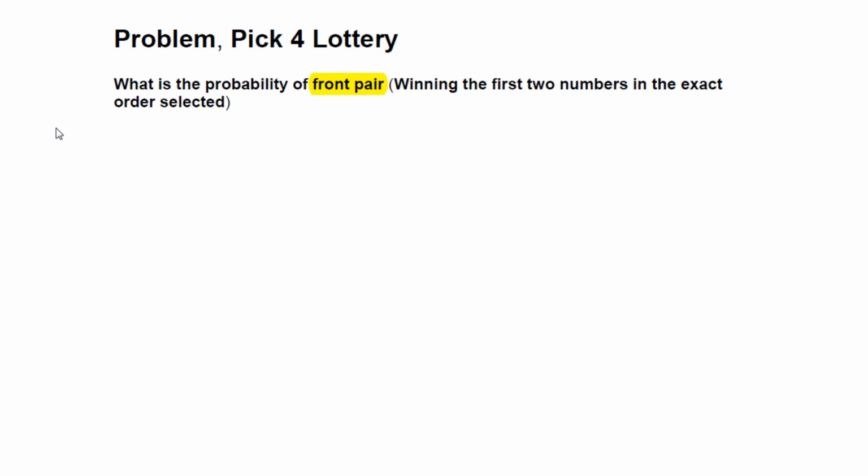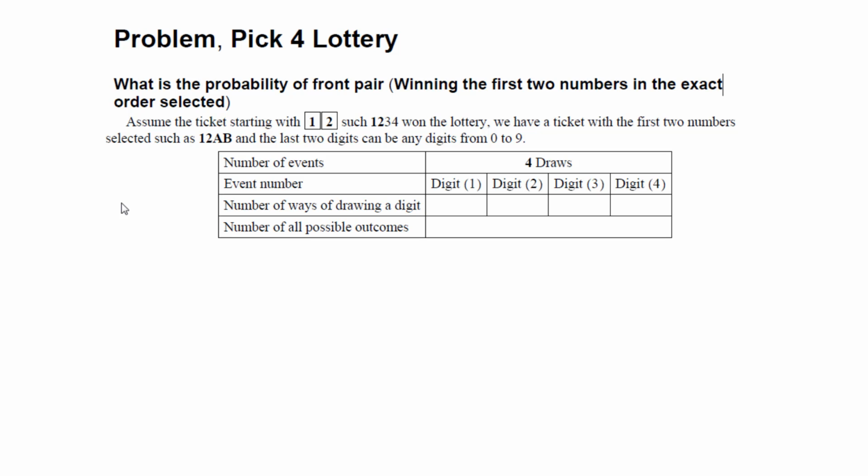Now what is the probability of a front pair, which means winning the first 2 numbers in the exact order selected? So let's assume that the winning ticket starts with these 2 digits 1 and 2.